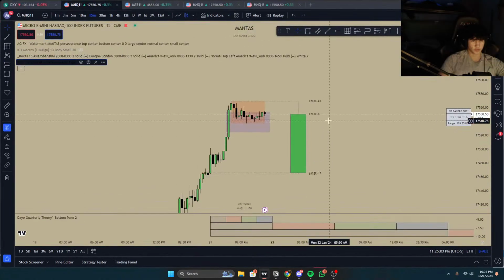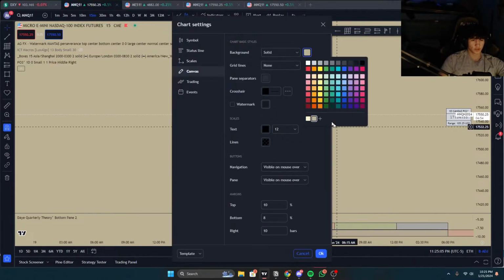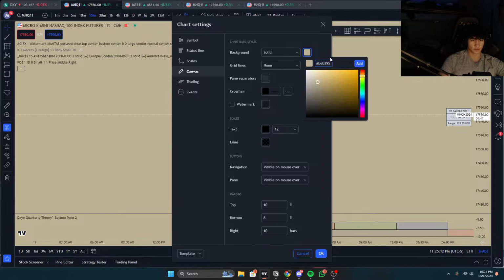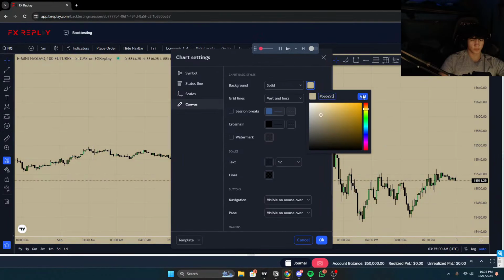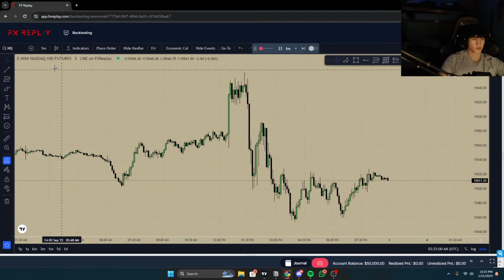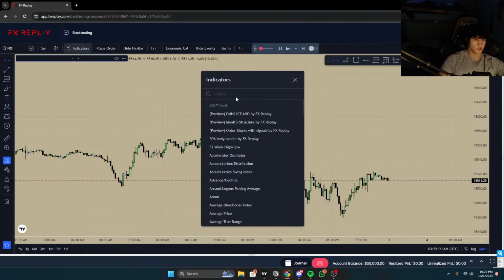I'm gonna hop over here and just grab this one I'm using. Alright, perfect. Now we're on this chart. I don't have my indicator. Let me just pop that on.